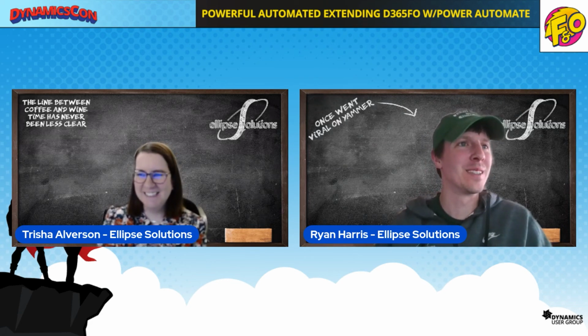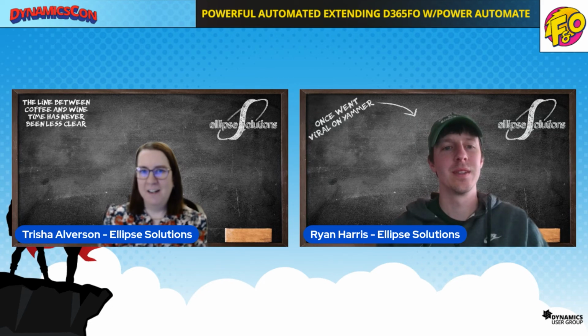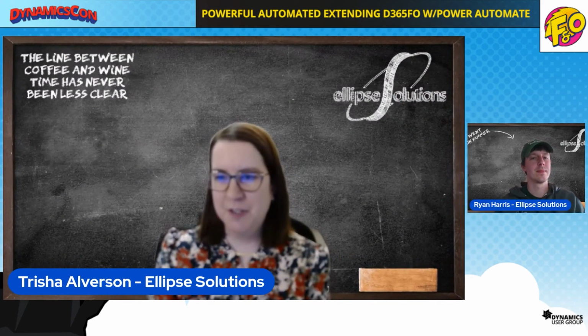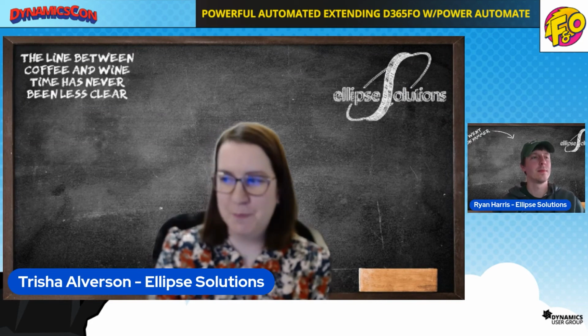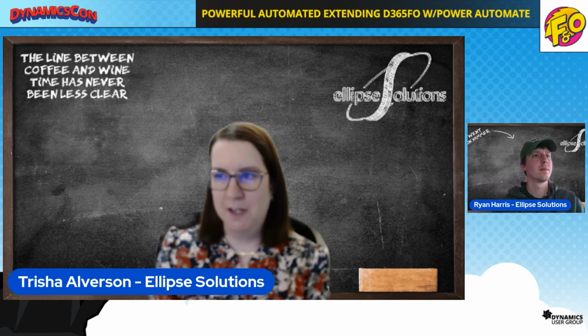So what kind of licensing do users need, especially the users that do approvals? So the licensing is going to be actually for your Power Automate, and that's based on Office 365 licensing. So that's a good question.